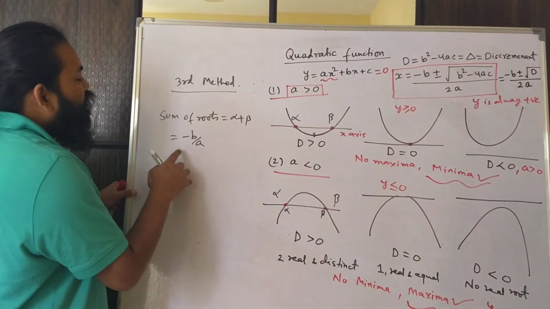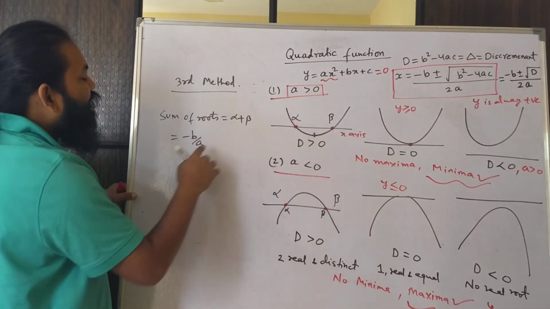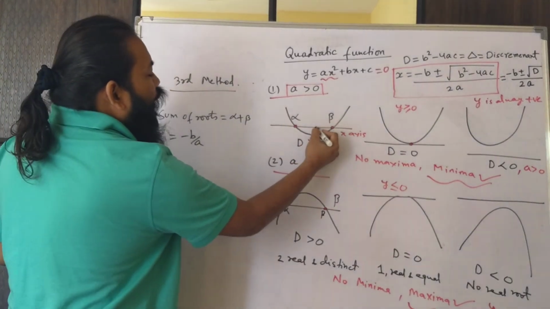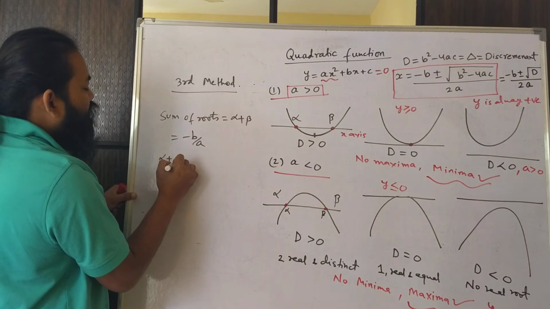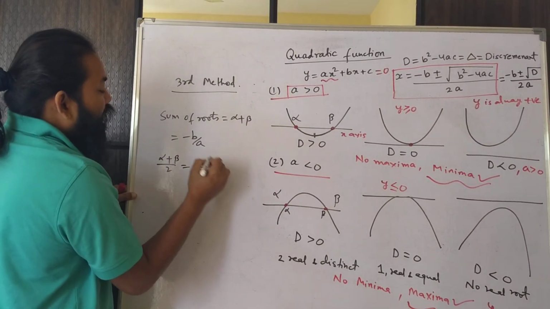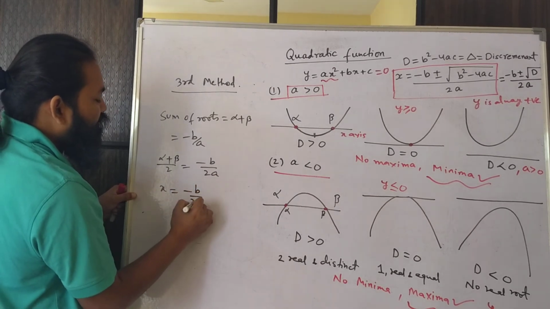So if you add that, you will get minus b by a, okay? So if I want to get the middle point, this point will be alpha plus beta by 2. So alpha plus beta by 2 is equal to minus b by 2a, and that is why minima comes at, or maxima comes at, minus b by 2a.